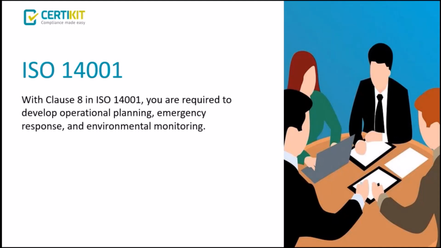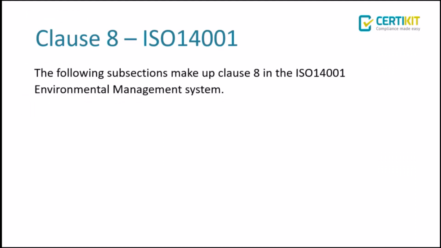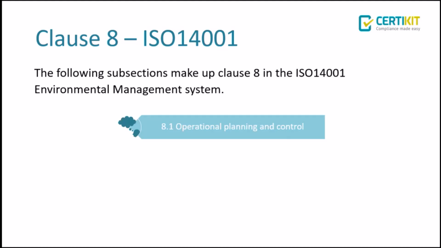So what we're going to do is look again at Clause 8 and the requirements of Clause 8, looking at the operational planning, the emergency response, and environmental monitoring. So the following subsections make up Clause 8 of the 14001, which is operational planning control.